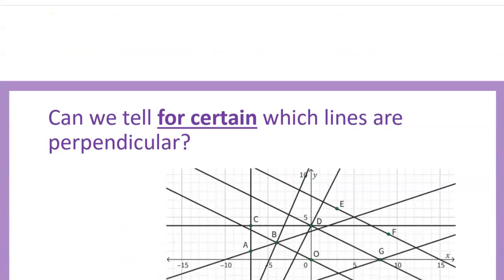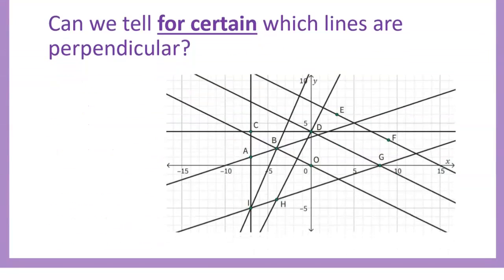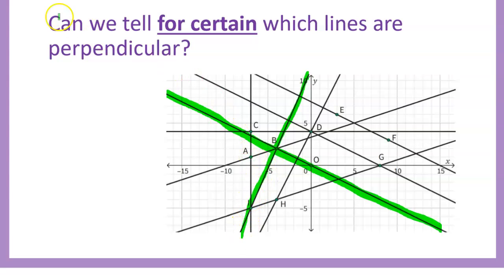What about perpendicular lines, though? Can we tell on this graph what lines are perpendicular? How might we be able to tell? It sort of looks like, let's grab my highlighter here, this line, BO and BI. It looks like those might be perpendicular.